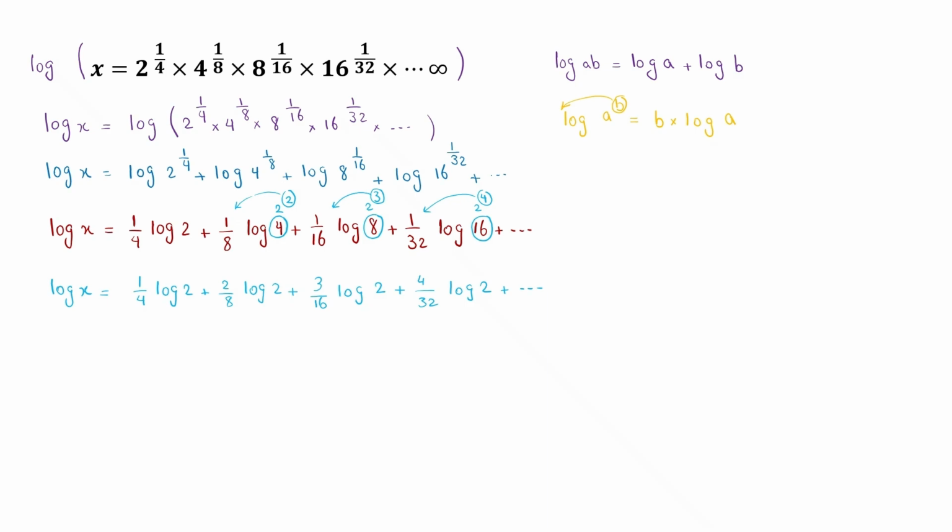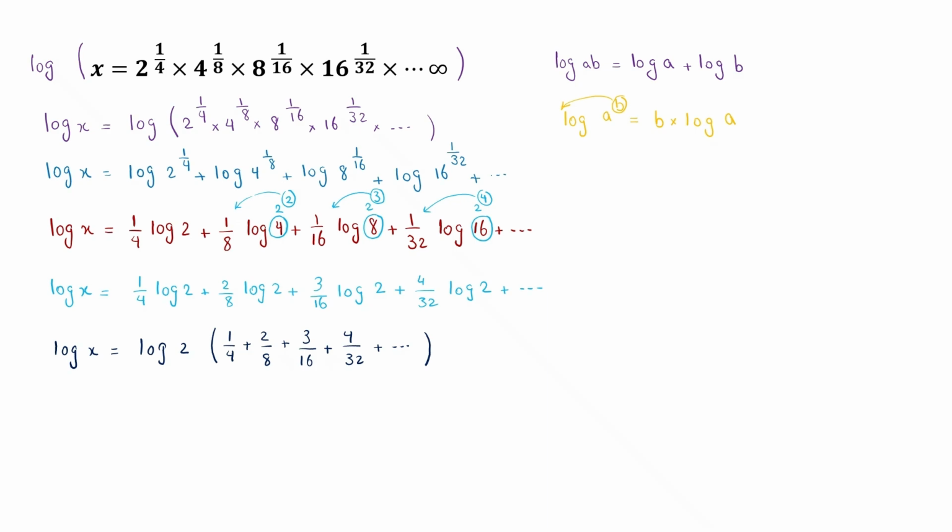Something which is common between all the terms of the right side is log of 2. So I can factorize it to get log of x equals log of 2 times 1 over 4 plus 2 over 8 plus 3 over 16 plus 4 over 32, and so on.